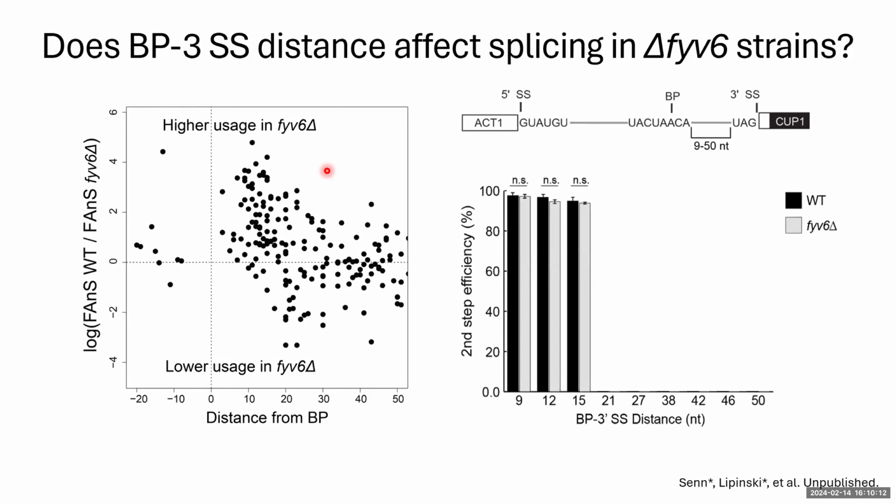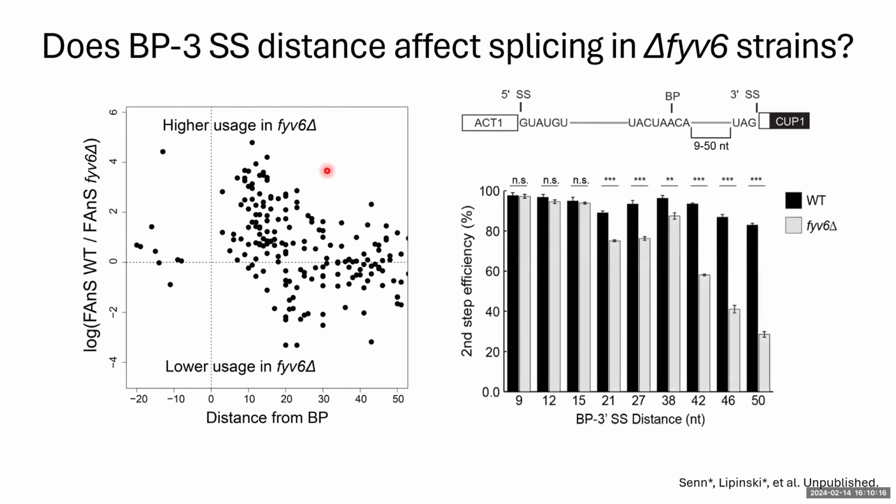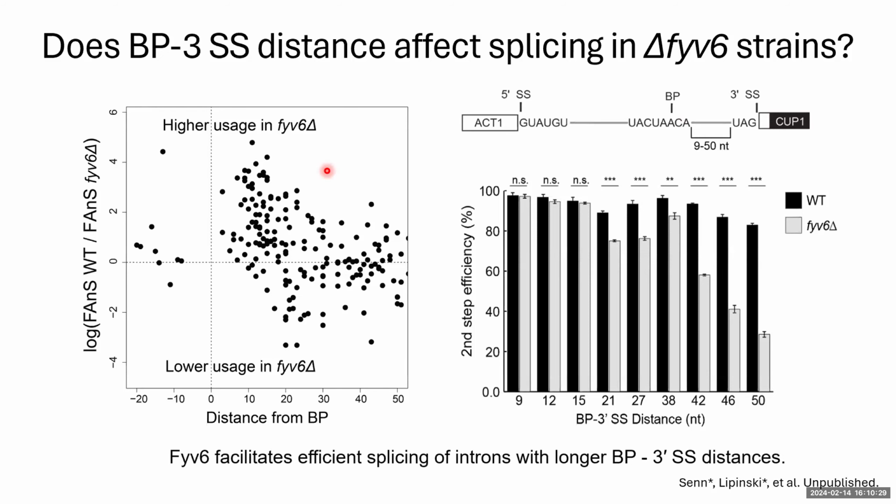These are all spliced quite efficiently in the second step. However, when we increase the distance between the branch point and 3' splice site, we see a marked decrease in the second step splicing efficiency when FYV6 is absent. And so we're thinking that FYV6 is helping to facilitate efficient splicing of introns with longer branch point to 3' splice site distances.